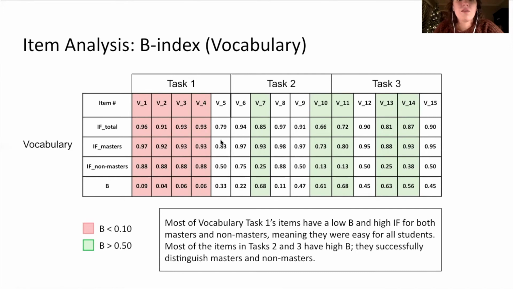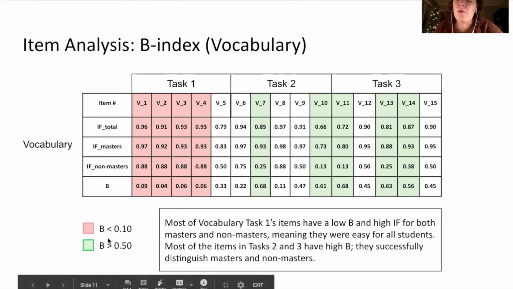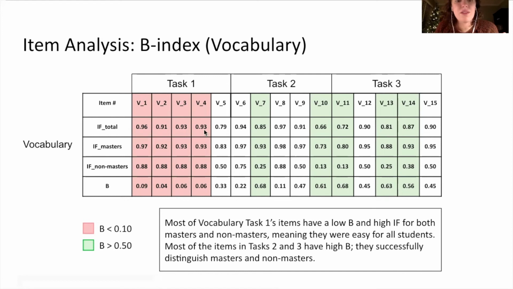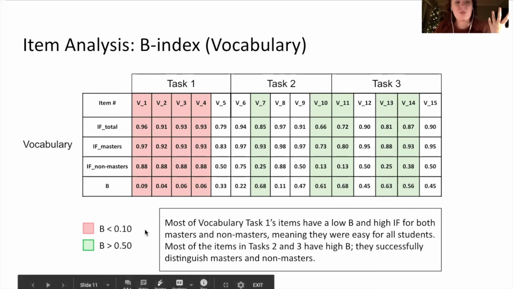And in task 1, we saw that they had really low B scores. The ones in red here are ones that have below 0.1. And you can see the total item facility for these is really high, so this suggests that these questions were easy for all of the students.